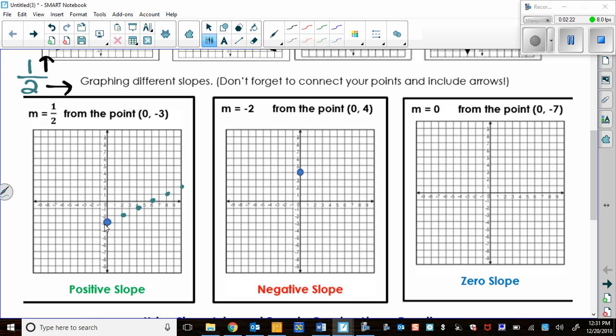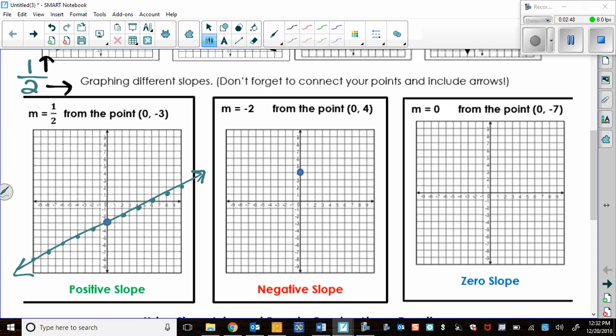So I'll go down 1 from here, and then to the left 2. So I'm doing the opposite of what I was doing before. Down 1, left 2, down 1, left 2, until the very end. And now I'm going to make sure that I connect my lines and put arrows at the end. That's how I graph this slope.